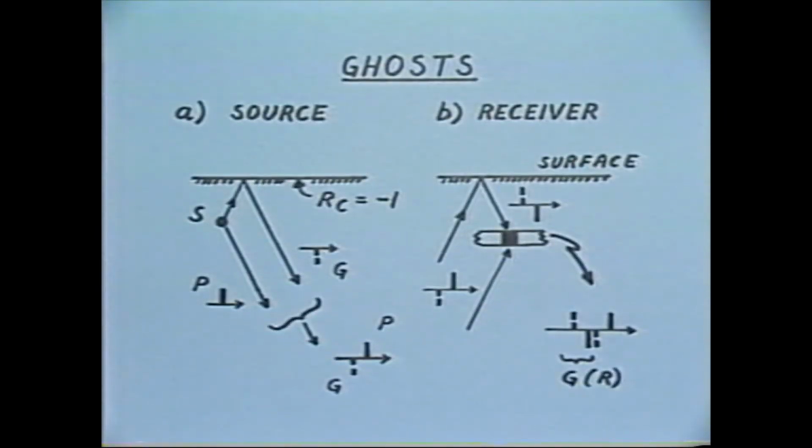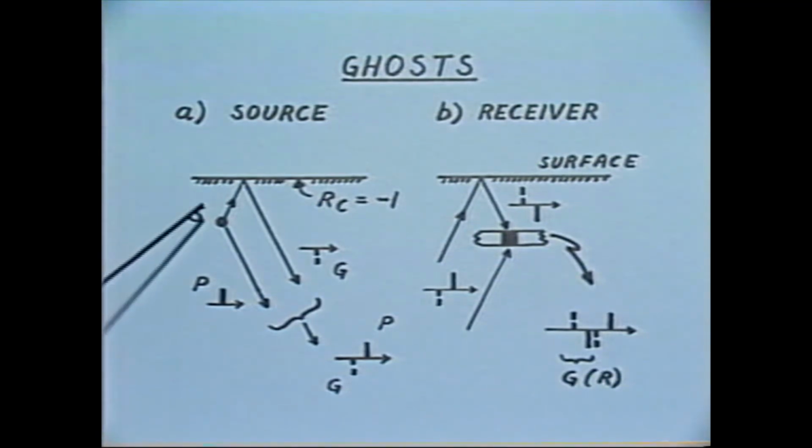Another type of reflection event, which always occurs on seismic records, although it's again more severe on marine records than on land records, is a type of event called a ghost. And ghost reflections are formed in this way.